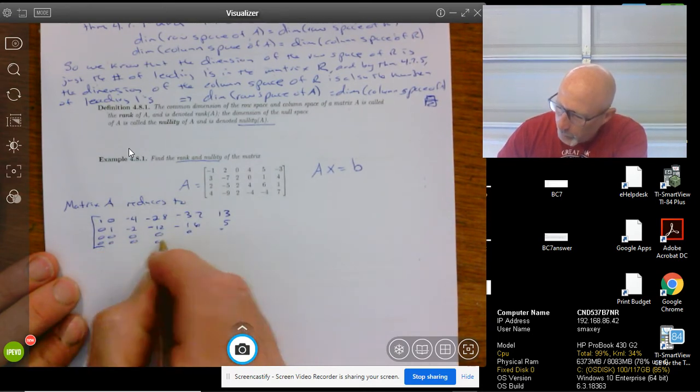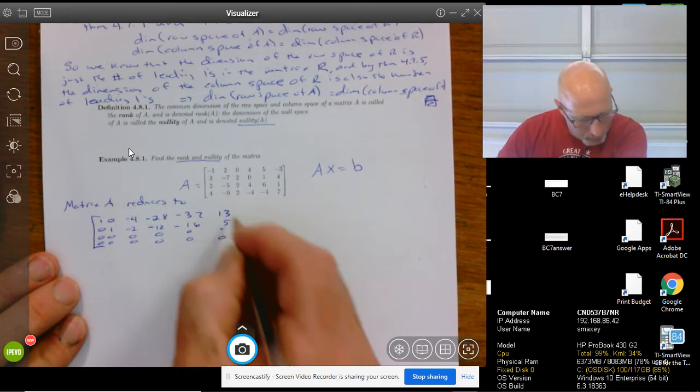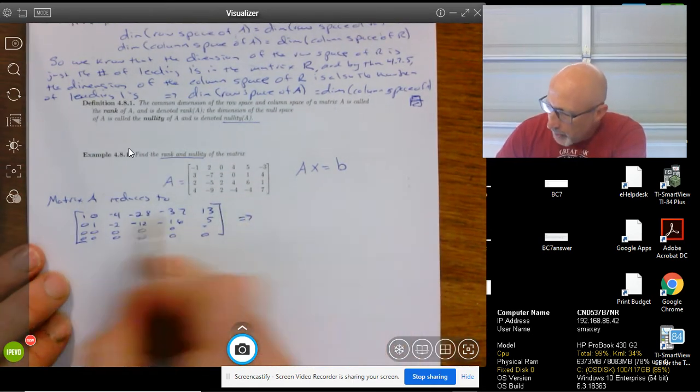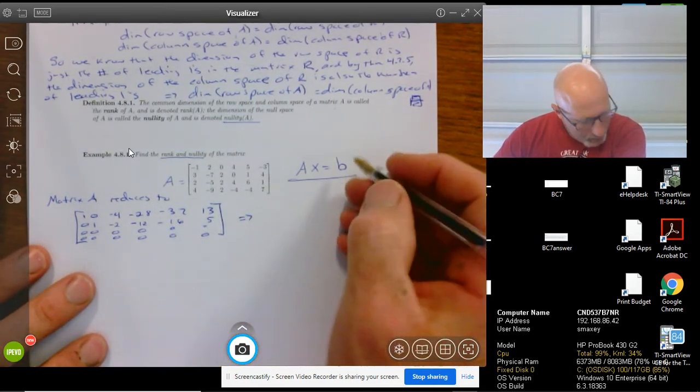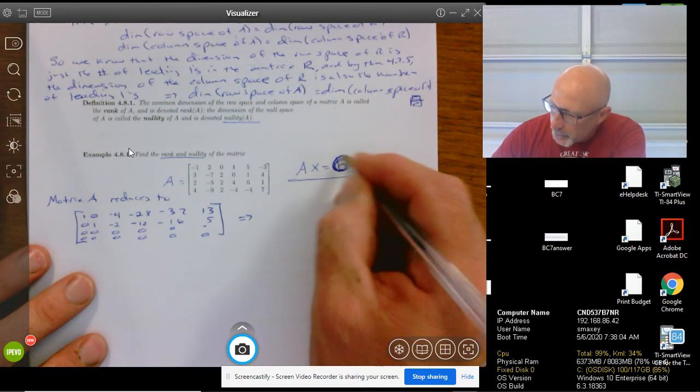So the last two rows are uniformly equal to 0. We're going to do the homogeneous case first, with the system equal to 0.